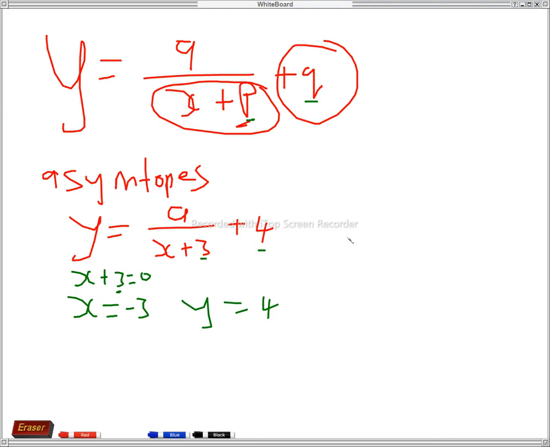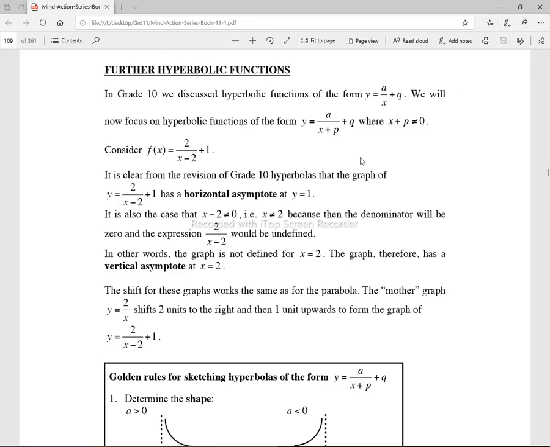Moving forward, you still remember the a from the previous lesson. The a is the one that determines the shape of the graph. Let me go to the textbook. I'm still referring to the Mind Action Series, guys.